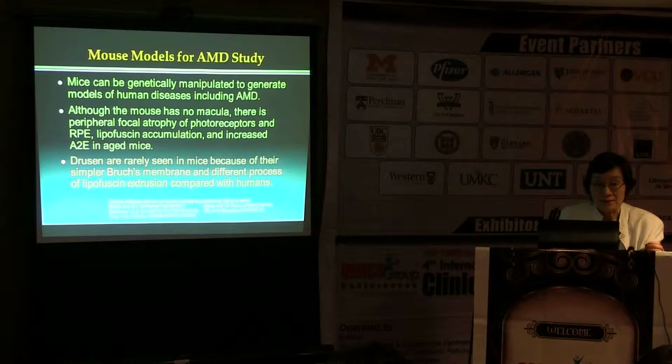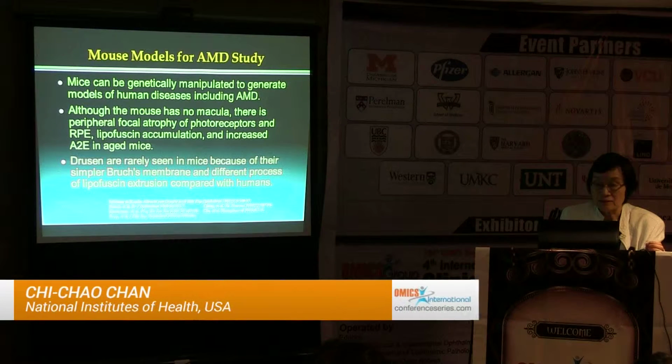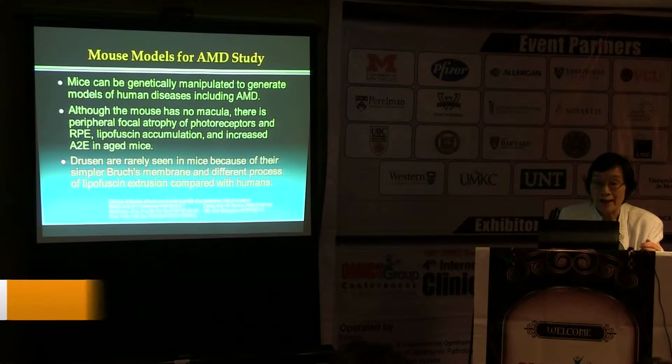Also, one thing I should point out is drusen. As we all know, drusen is a hallmark for AMD, and that is rare to produce in mouse. The reason is, one, the Bruch's membrane structure is a little different in human and mouse. The second, more important, is RPE.